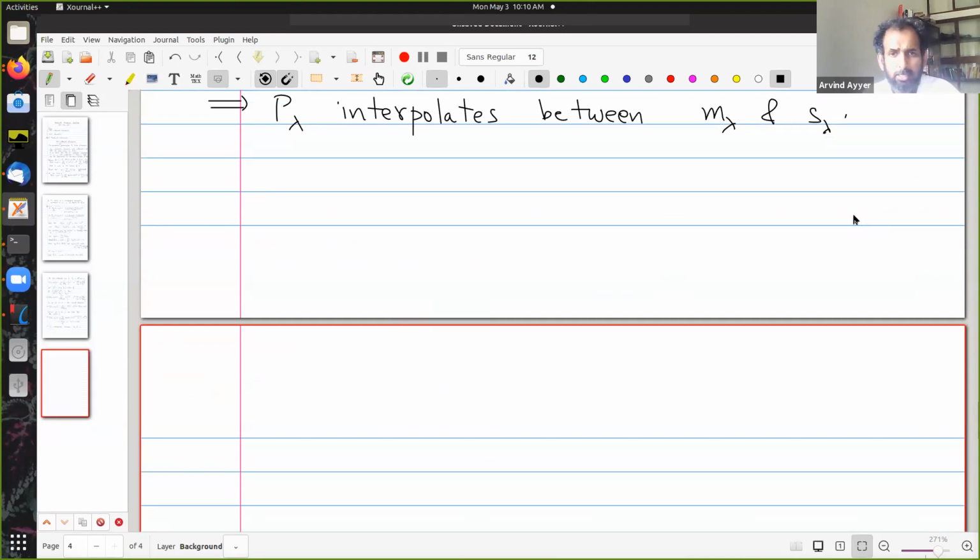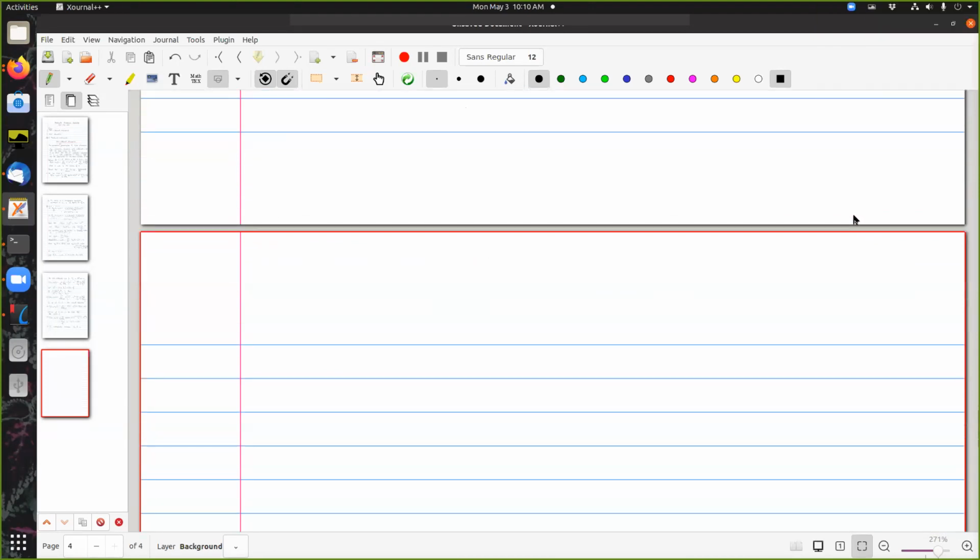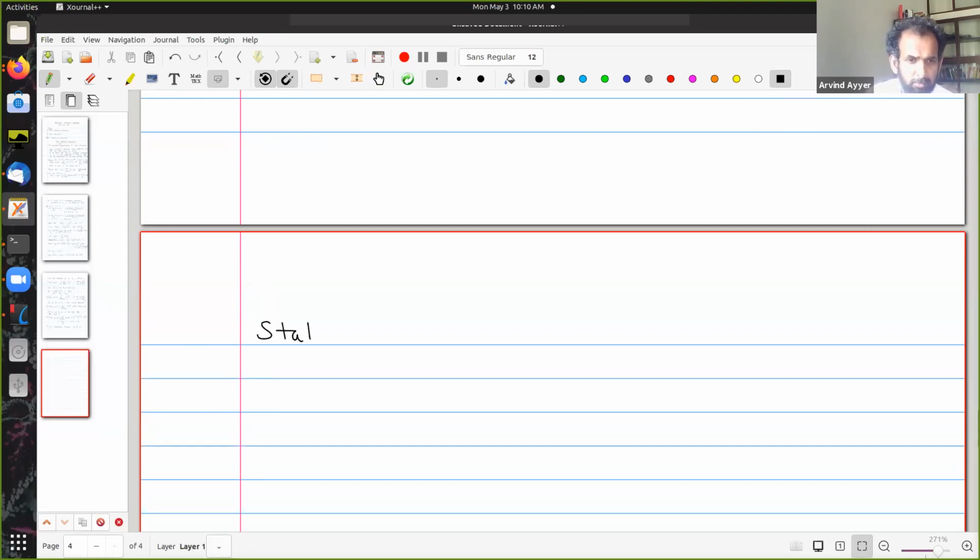Okay. Another thing I wanted to point out is stability. I'm going really slow. Okay, so stability. Proposition, let's say. Let lambda be a partition with length less than or equal to n.